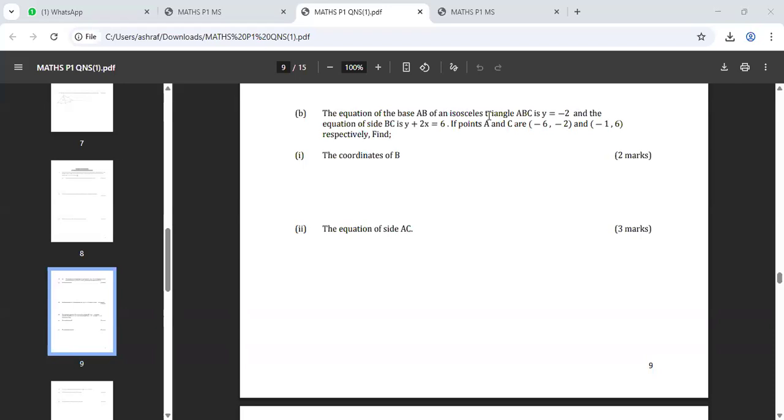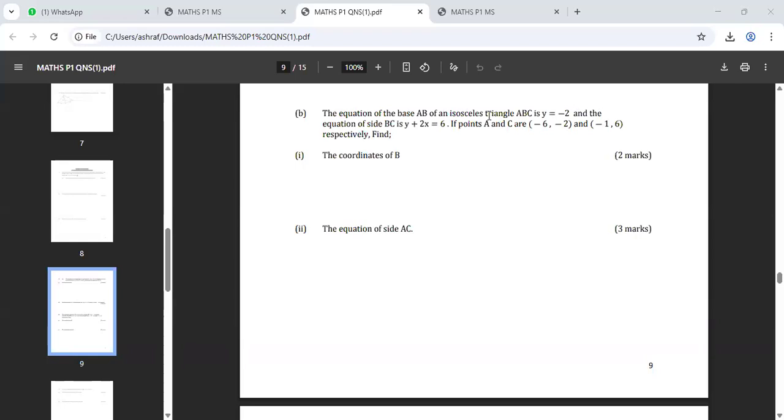Then we just cross multiply. So it will be 8 is equals to -2 into -1 minus x. So we get 8 is equals to -2 times -1, that will be positive 2, plus 2x.